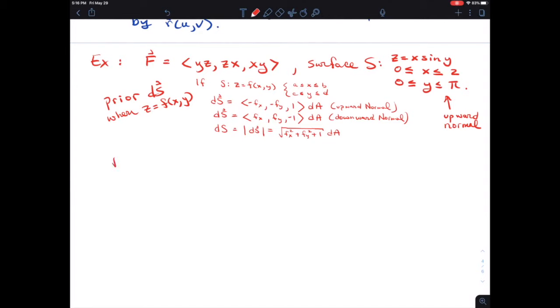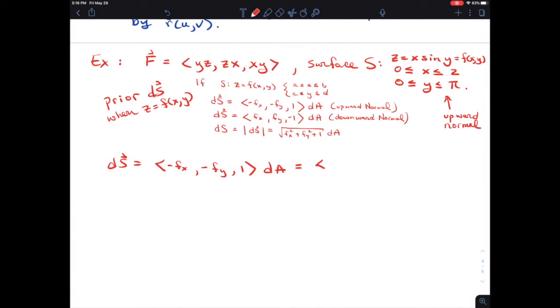So here we go, dS is going to have negative fx, negative fy, 1 dA. The x sine y is our f of xy, so we can just start evaluating this.